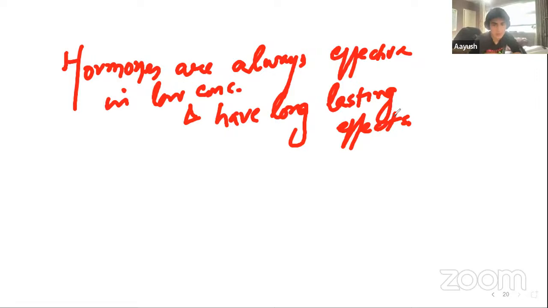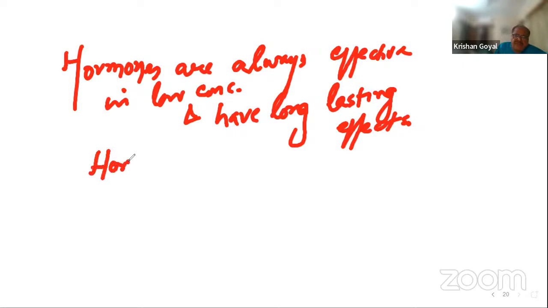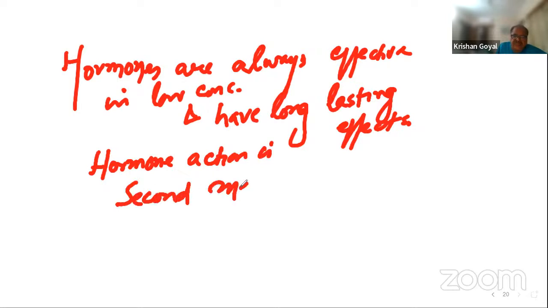There are so many mechanisms for hormone action, but one mechanism for hormone action is the second messenger model.